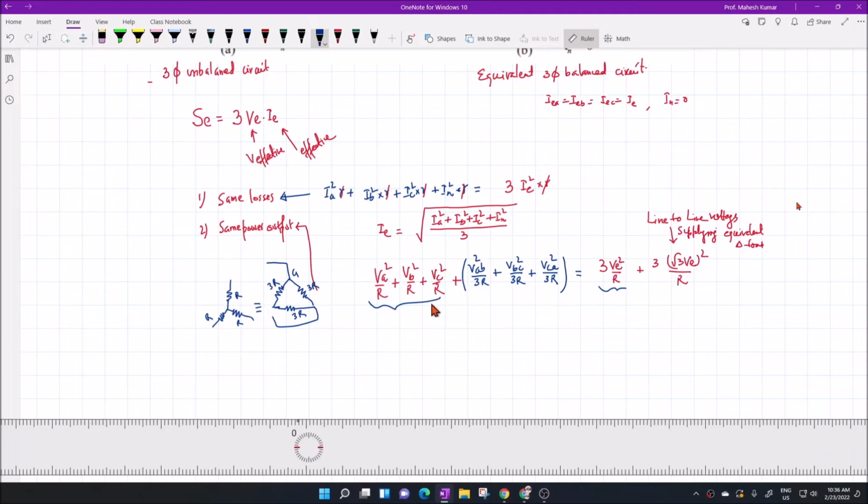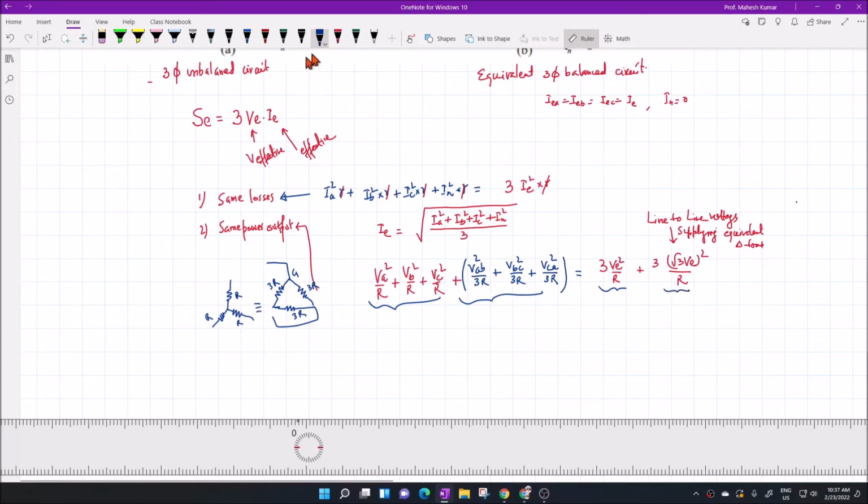So first they have considered the star connected R, and then the same circuit they have considered for delta connected and added the two powers. So it is just the way of expressing it, but you can express either this or that. Just to take care of the unbalance in terms of line to line as well as phase, the two terms have been considered for both the sides.